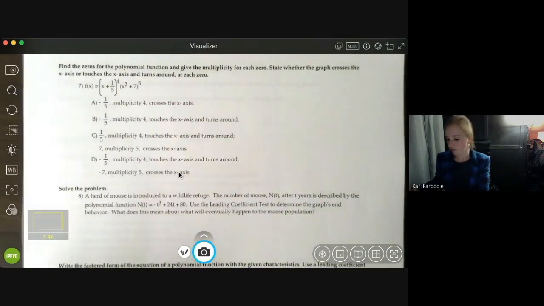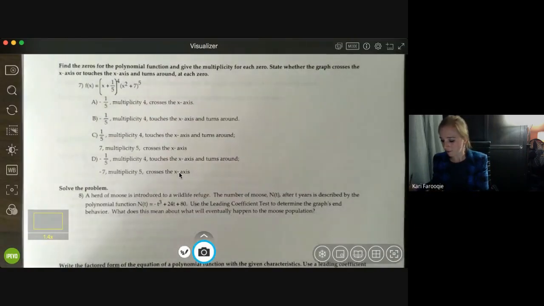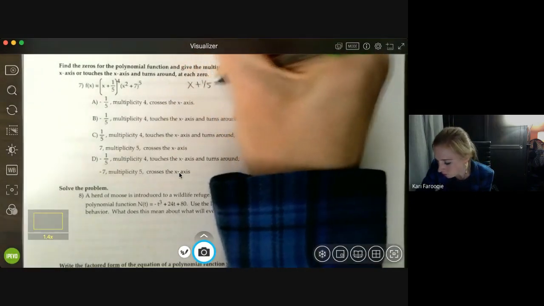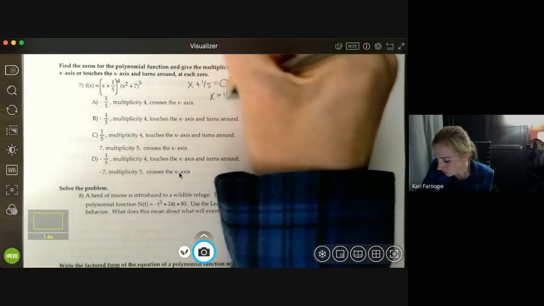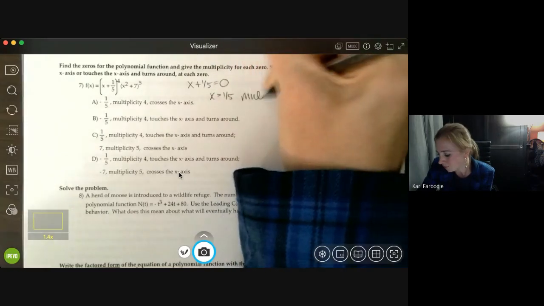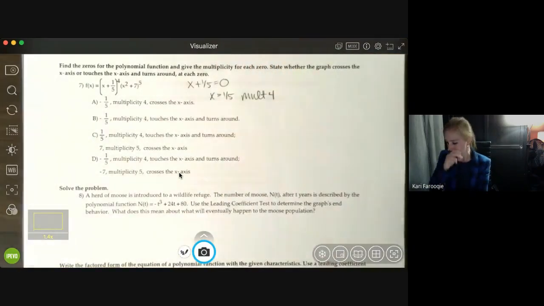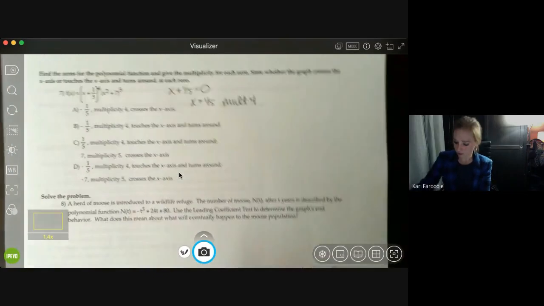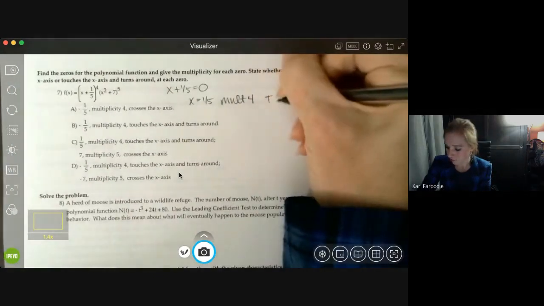Okay, finding the zeros for the function. Now, the first one I think is pretty clear. You have x plus 1/5 equals 0, x equals 1/5, and the multiplicity is 4. If the multiplicity is 4, then we're going to touch and turn.